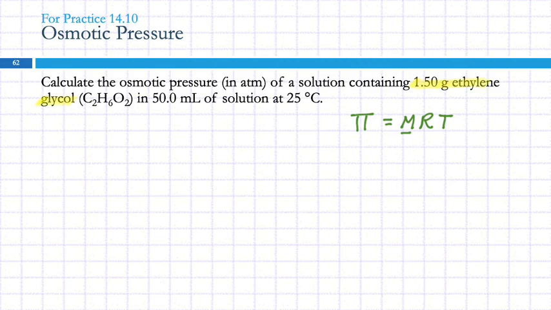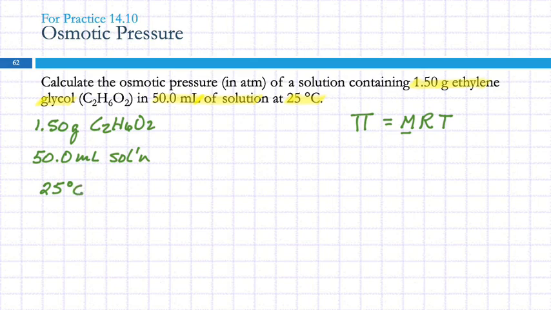We've got a mass of ethylene glycol, we've got a volume of solution, and we have a temperature. So we have 1.50 grams of, I think the formula's shorter this time, ethylene glycol. We have 50 milliliters of solution, and we are at 25 degrees Celsius. We're supposed to calculate the osmotic pressure in atmospheres.